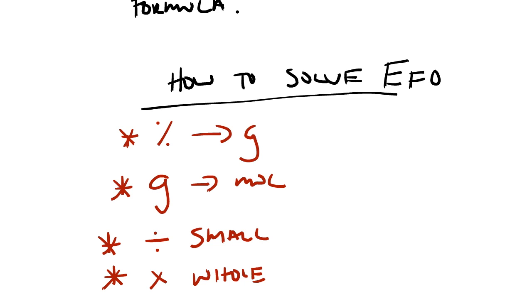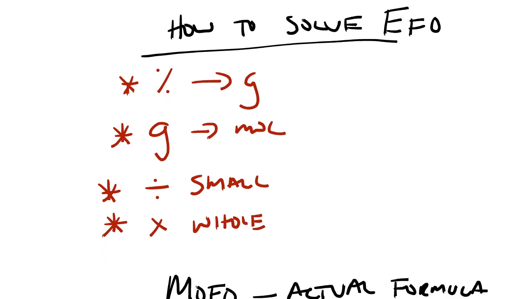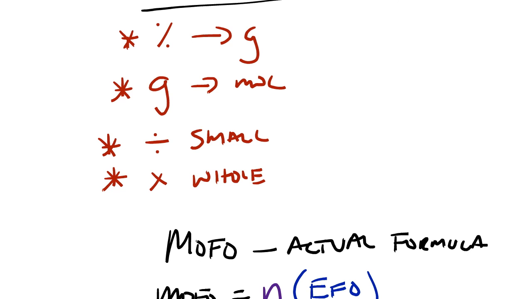Once you find all the moles of each element within that compound, you divide those numbers by the smallest value. And if you don't get nice whole numbers, then you're going to have to multiply by some number to get a whole number. Those numbers now represent your subscripts for your empirical formula.